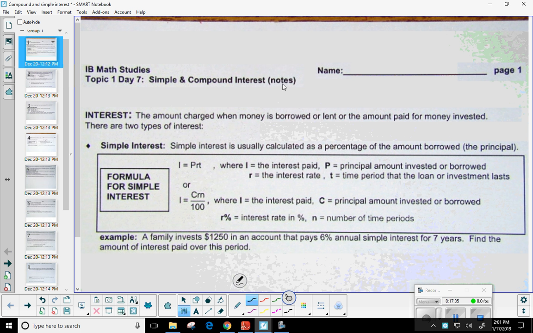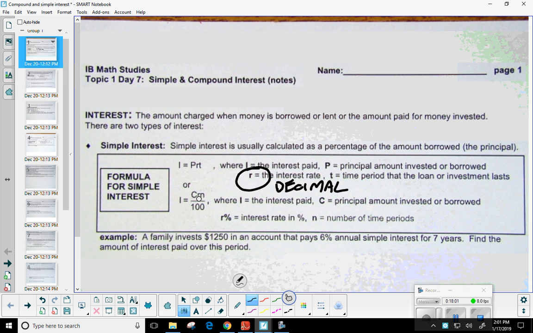Now you'll notice there are two formulas here, and the difference is your interest rate. If you're going to use I equals PRT, you plug that in as a decimal value. They're the exact same, and while it's the same formula, they're just using C for the principal amount.